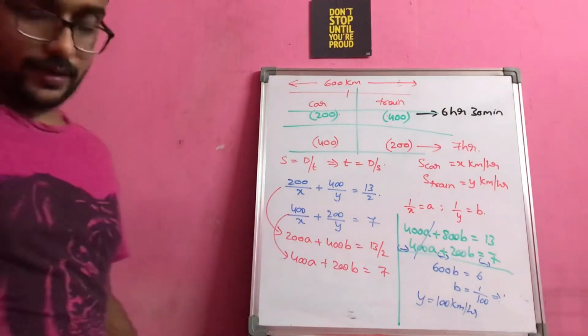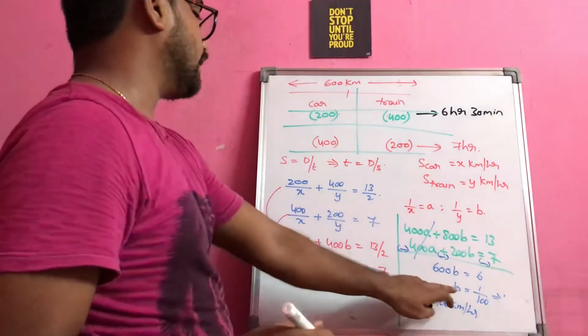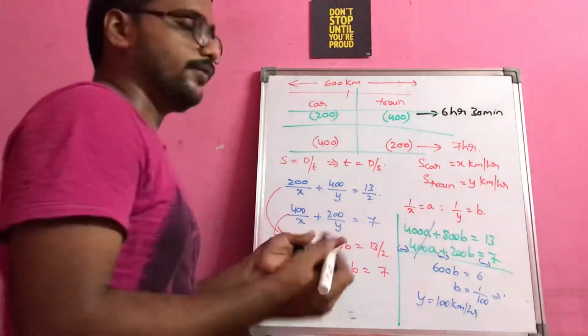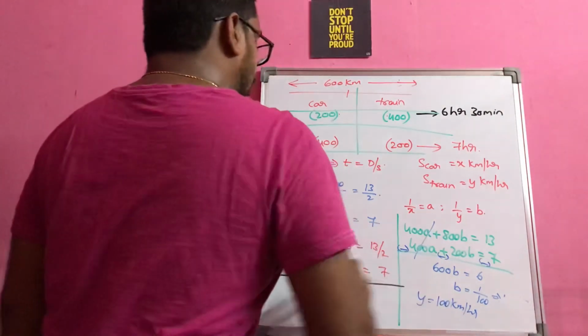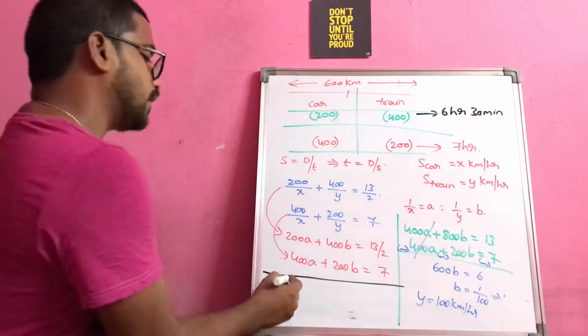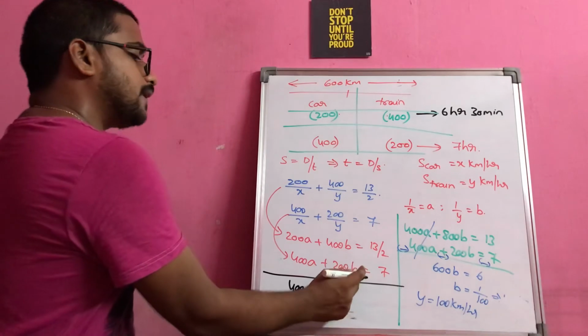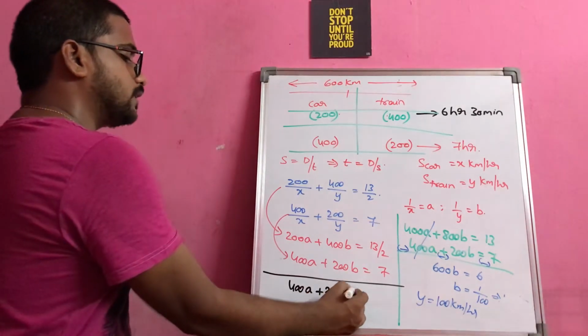Units are very important. Now if I substitute y here, or b as 1 by 100, anywhere you want, I will just substitute here b with 1 by 100. Then I will be getting 400a plus 2 is equal to 7.